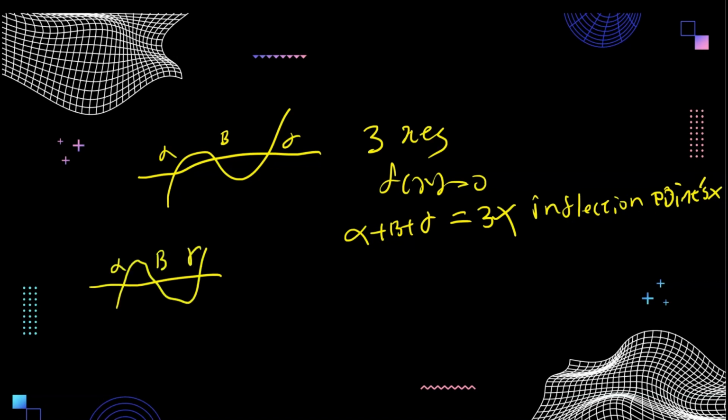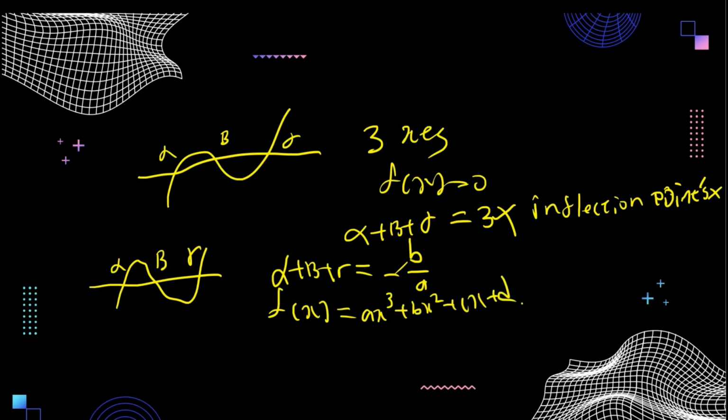Here's beta and here's gamma. Then alpha plus beta plus gamma is minus b over a, if we take the function f(x) as ax cubed plus bx squared plus cx plus d. But when we calculate the inflection point, or I can prove it in a different way, but let's look at it.